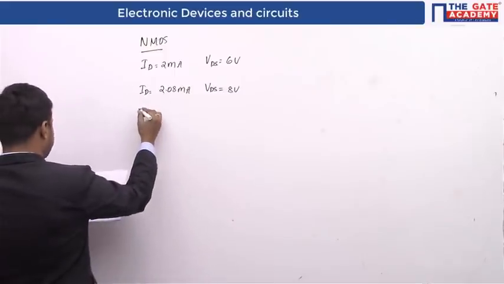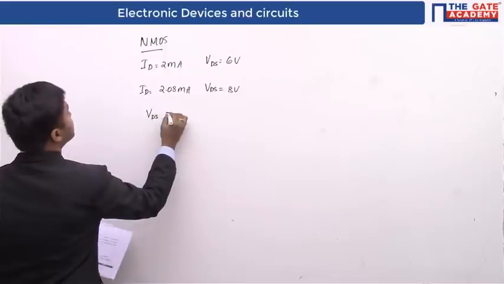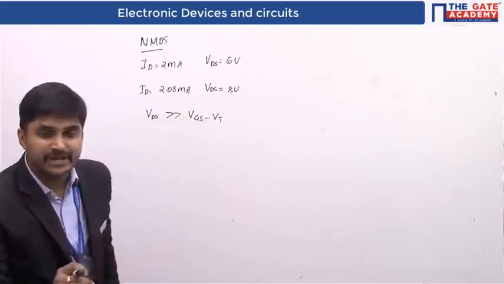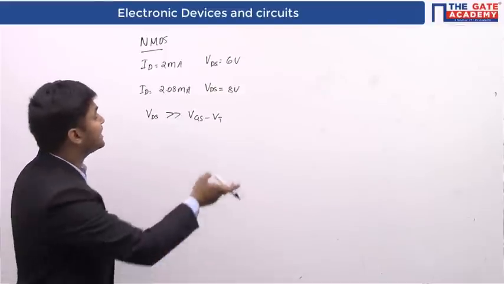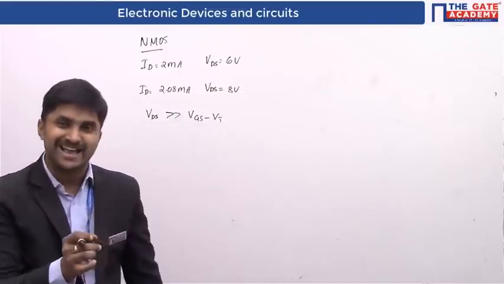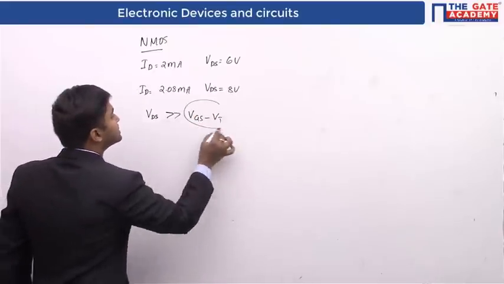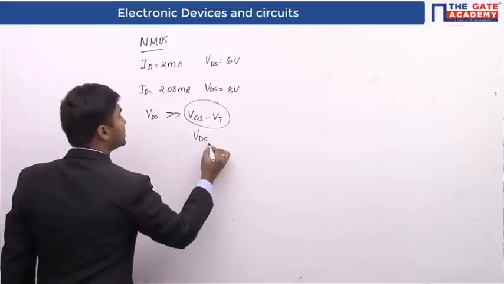The third statement says that VDS is much higher when compared to VGS minus VT. What is VGS minus VT? It is the excess gate voltage above the threshold voltage, which is the saturation drain to source voltage.